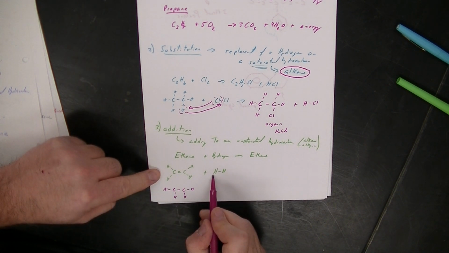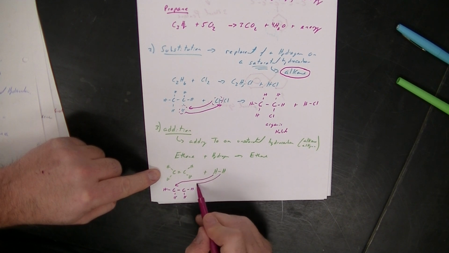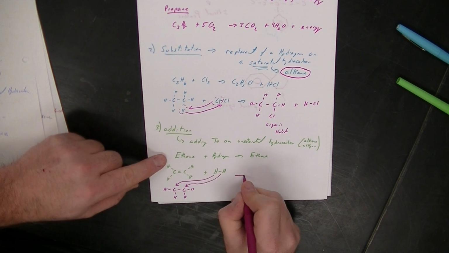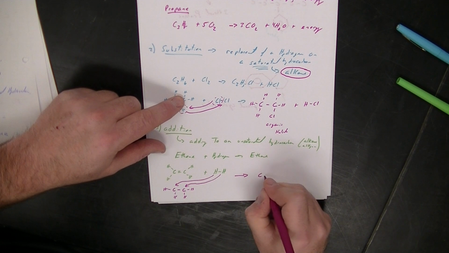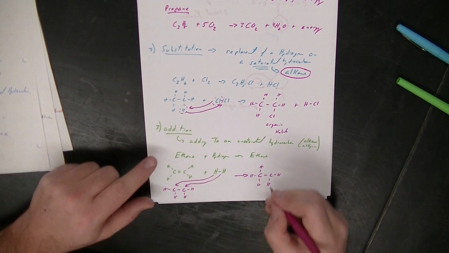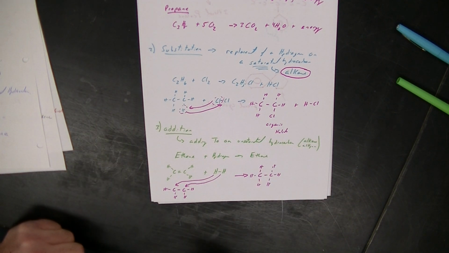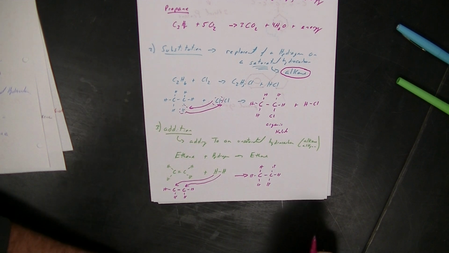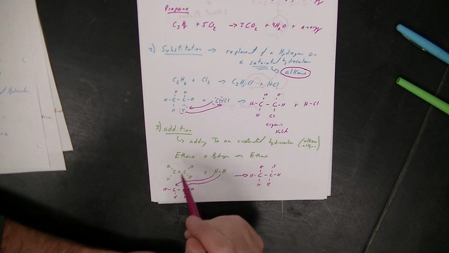And then one of the hydrogens is going to sit here, and one of them is going to sit here. So we end up with our ethane.